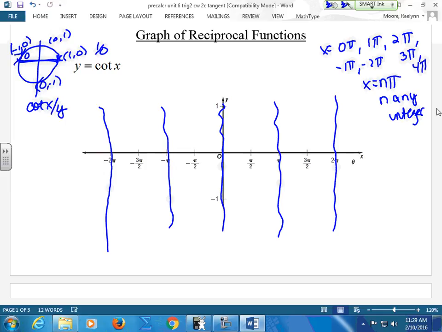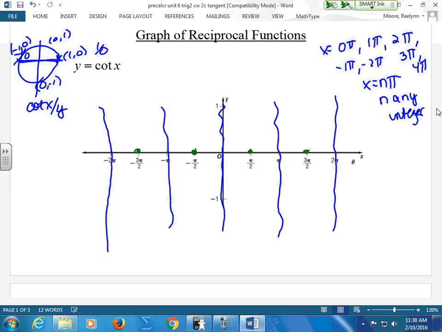Now I noticed, now the opposite ones have the zeros. The 90, the 270, these have the zeros. And again, what is the cotangent of 45? If the tangent of 45 is 1, what is the cotangent of 45? 1.